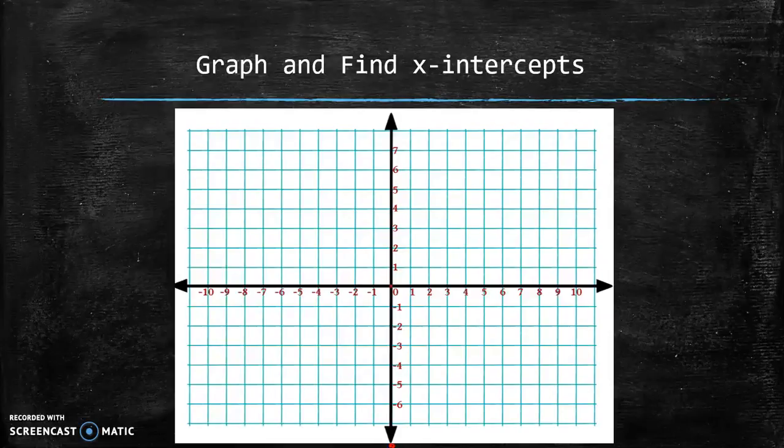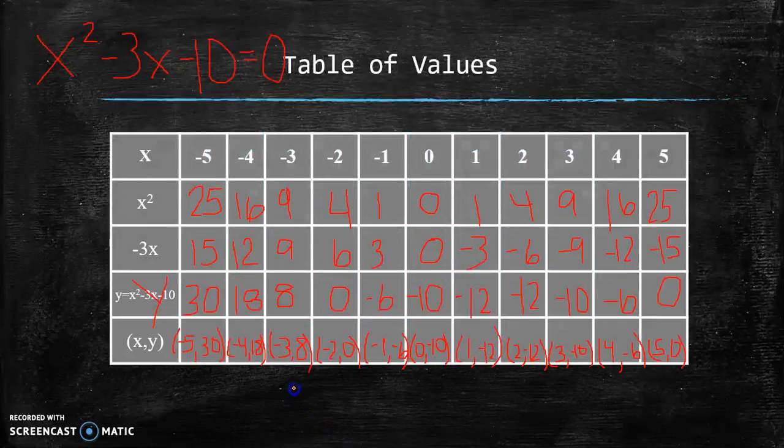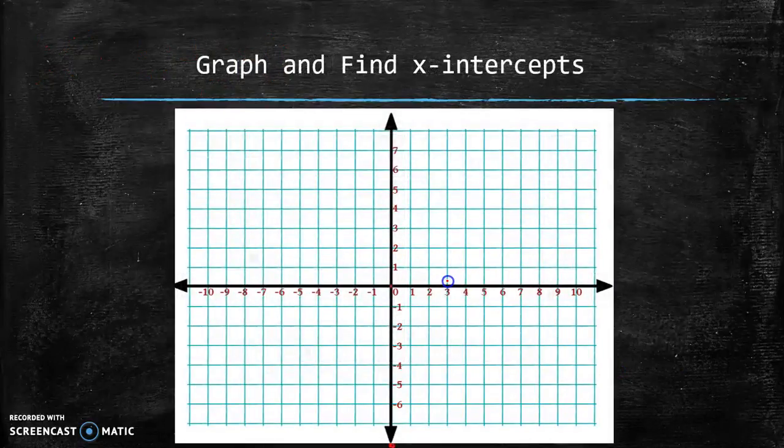From there, we also found negative 2, 0, and 5, 0. So we're going to plot the negative 2, 0, and the 5, 0. You can actually see the beginning of a parabola forming.